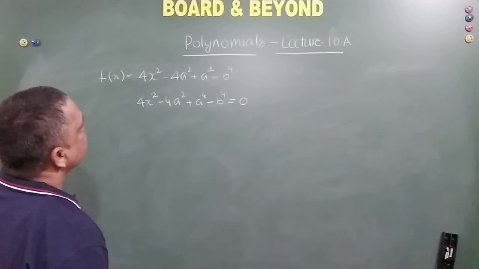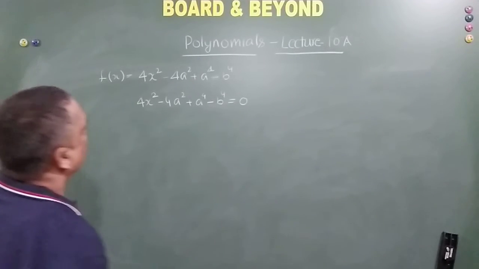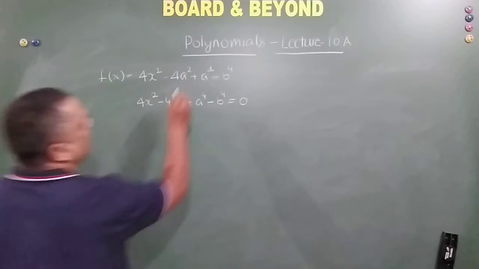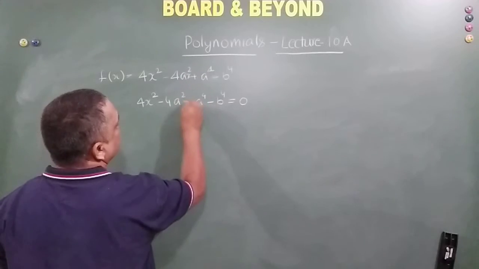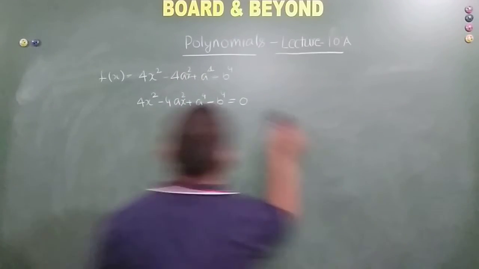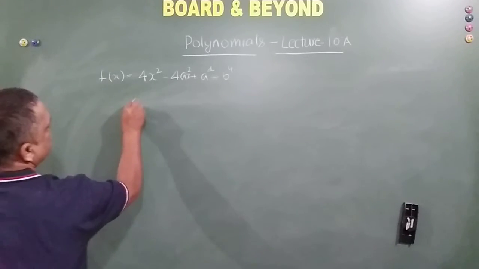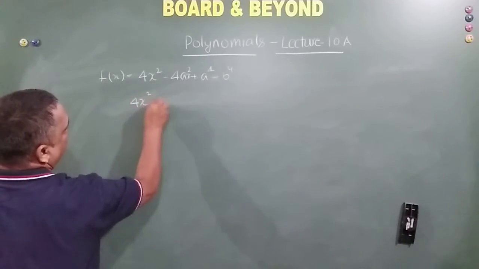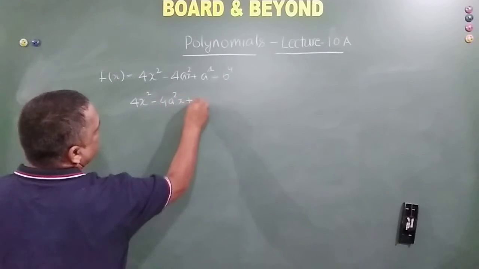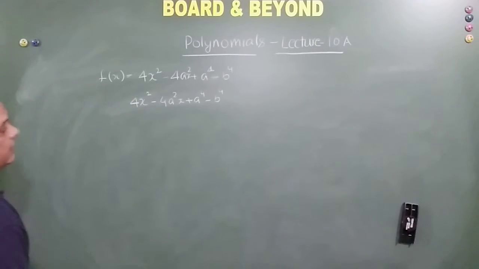Since this is a cubic polynomial, sorry, quadratic polynomial, I have missed out x here, and that is creating trouble for me. Let me just rewrite it. So it is 4x square minus 4a square x plus a power 4 minus b power 4, right?